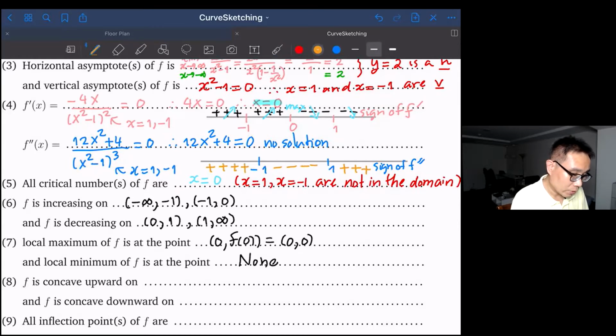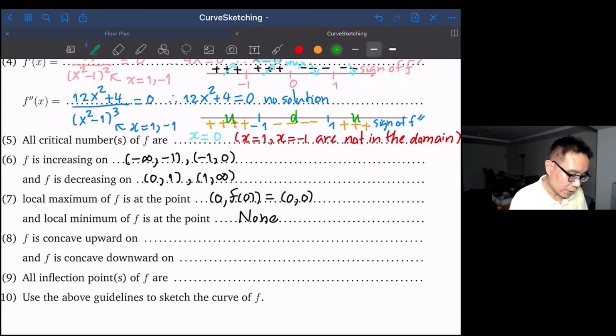So you're going to conclude that this one will be up, down, and up. So the concave up will be negative infinity to negative 1 and 1 to infinity. And for concave down, it's going to be negative 1 to 1.